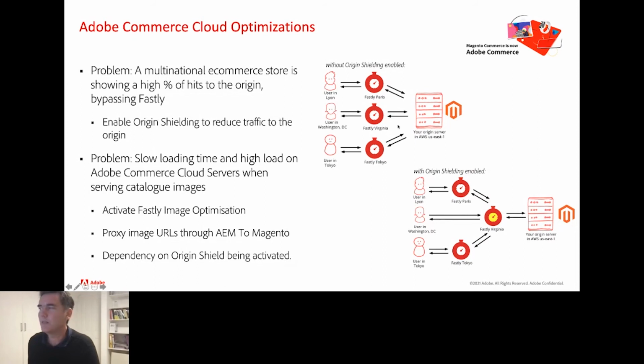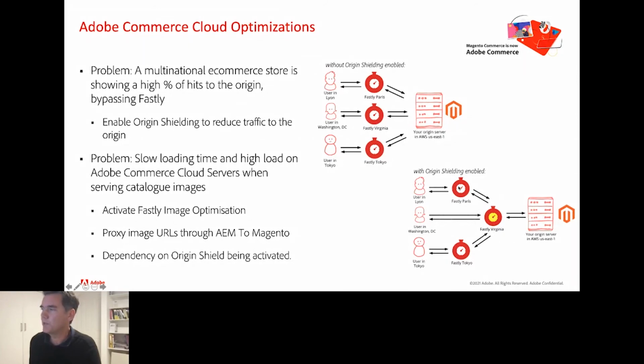So you can see this in this example here. We've got a user in France, in America, and in Japan. Each of them has their own local edge locations, which in turn then call the Magento or origin server. With origin shielding enabled, you would have a single origin shield defined, which in this case is Fastly Virginia. So the user in America would hit that Fastly Virginia edge location, which would pull in the content from the Magento origin server.